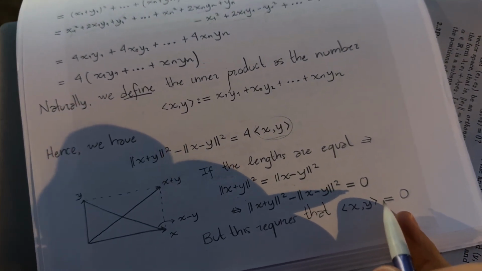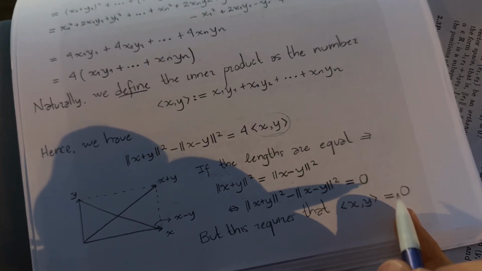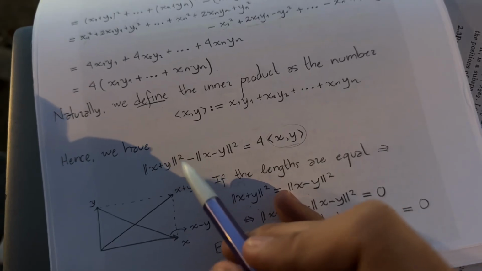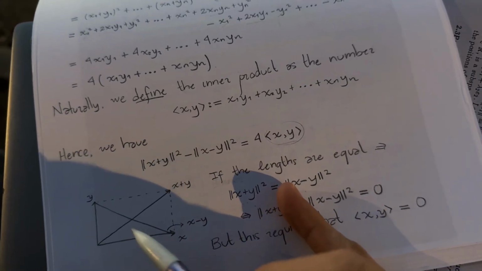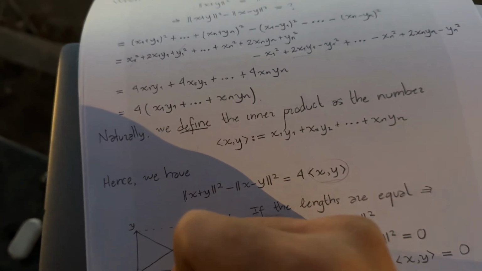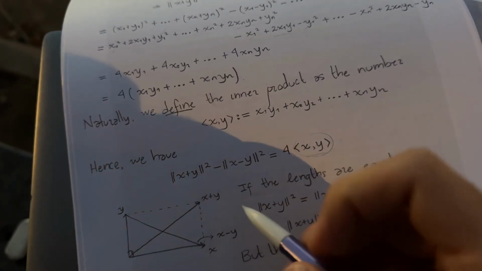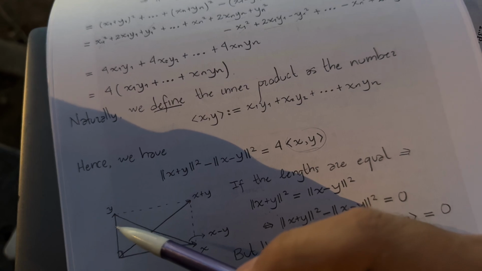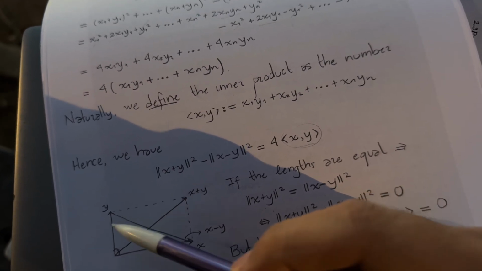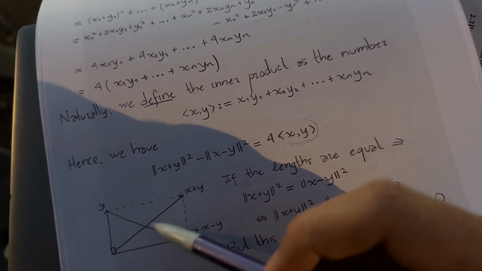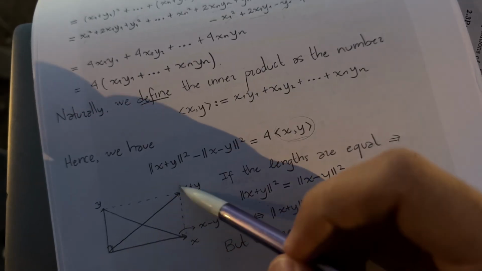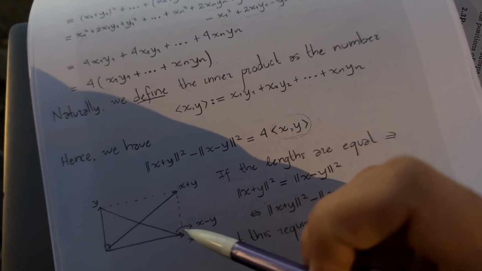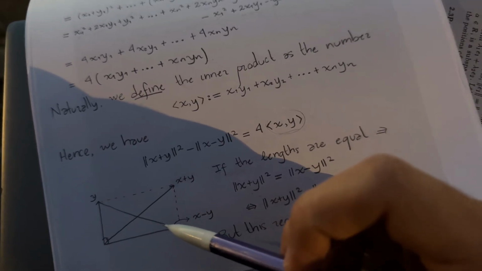And if you ask yourself, when does this happen? Geometrically, we know that these lengths are the same when x and y are perpendicular. If x and y are perpendicular, the parallelogram that this forms is going to have the length of the vector x plus y and the length of the vector x minus y be the same.